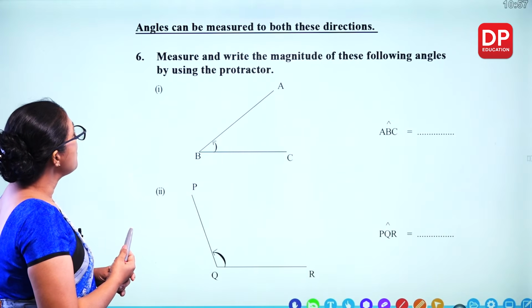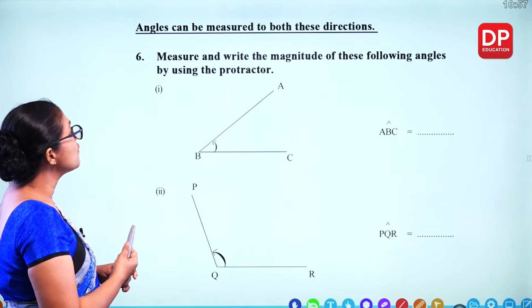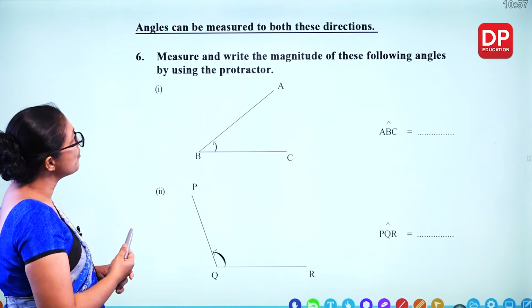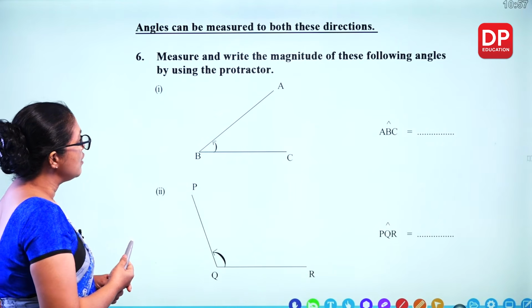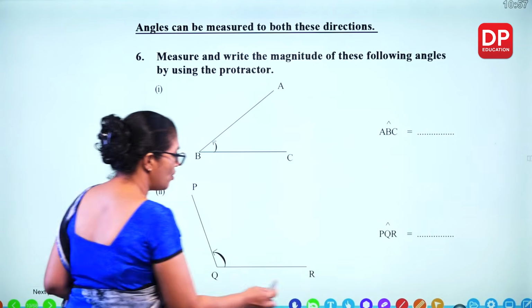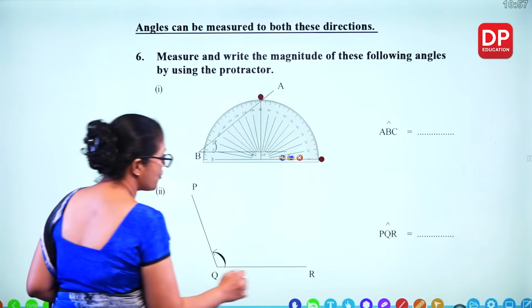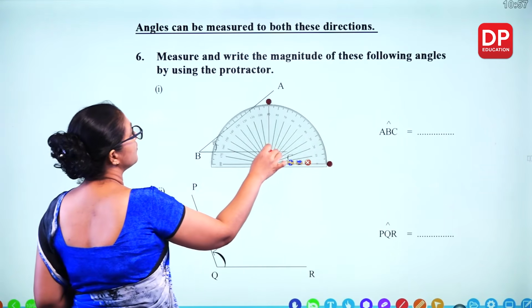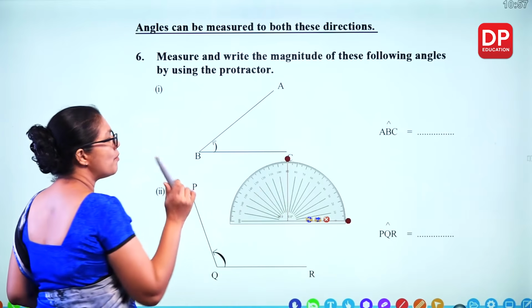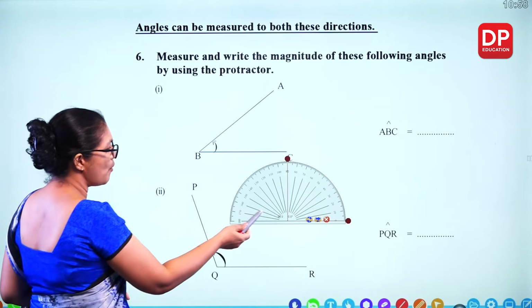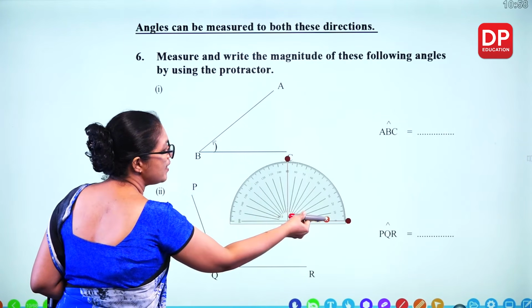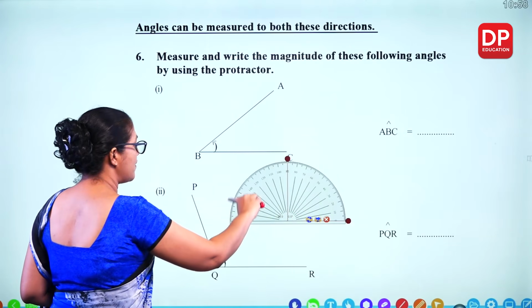Now look at this one. Measure and write the magnitude of these following angles by using the protractor. So in your geometry set, you get the protractor. You get both ways, but my one only has one direction, 0 to 180.